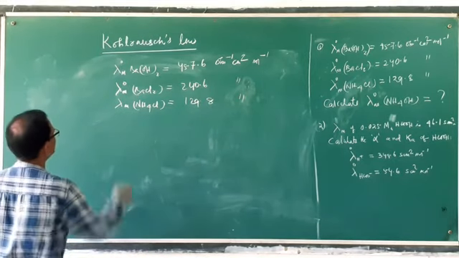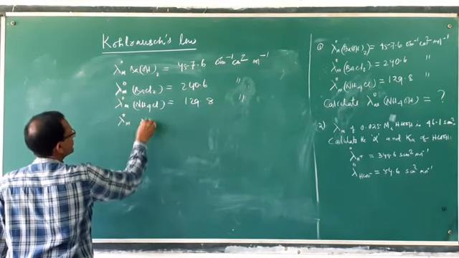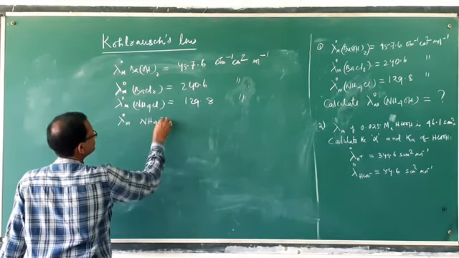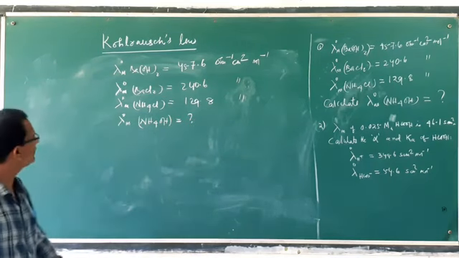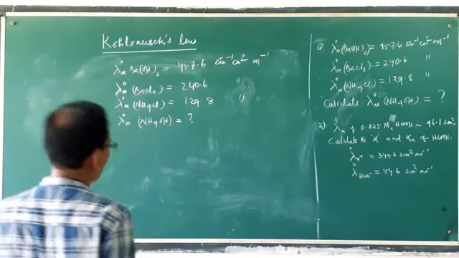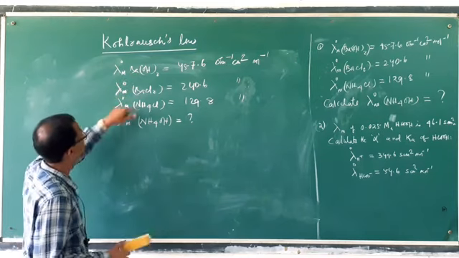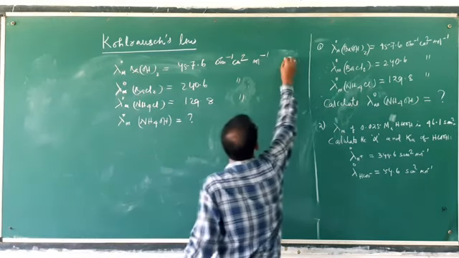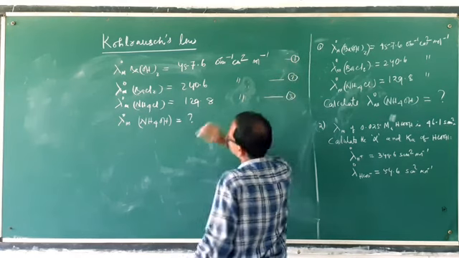What is the value of lambda m naught of ammonium hydroxide? It is the question mark. You see what the given data is and what is asked. What is the question? Here the given values are these three: equation 1, equation 2, equation 3.